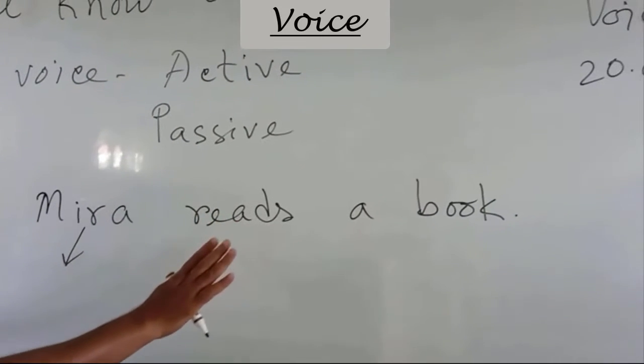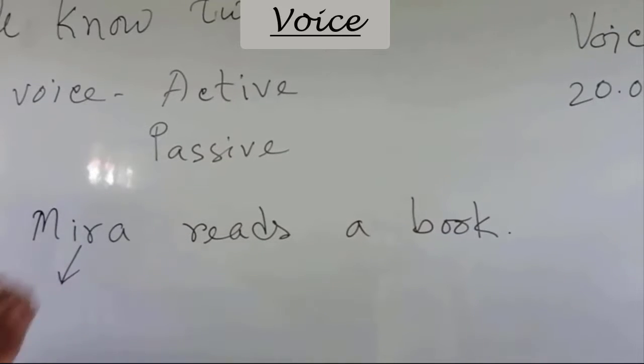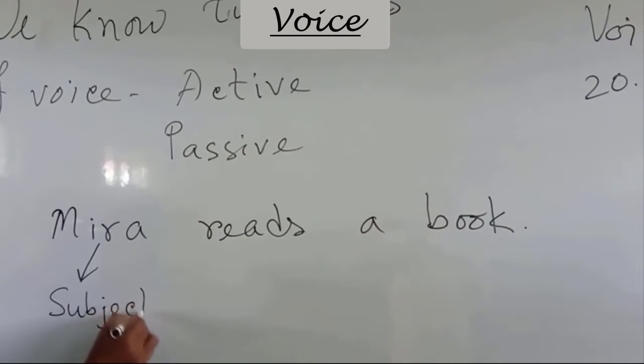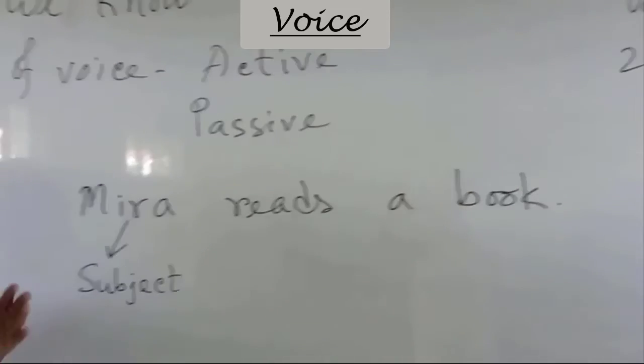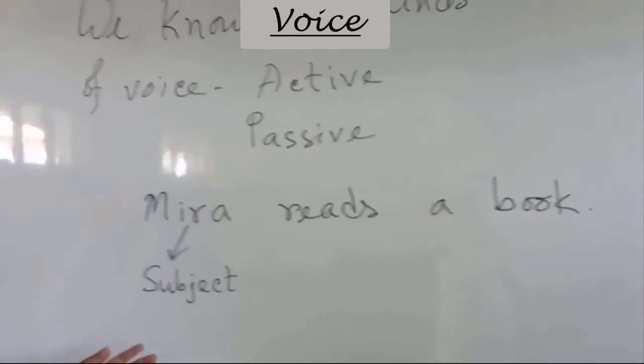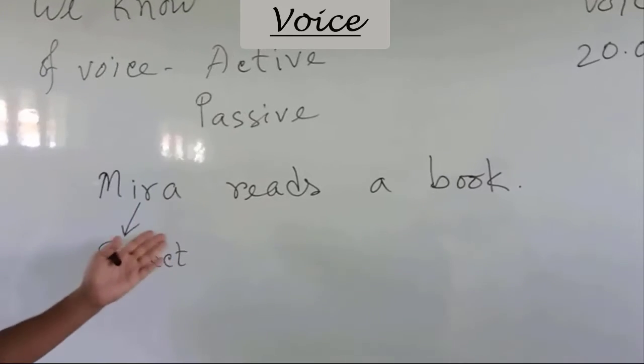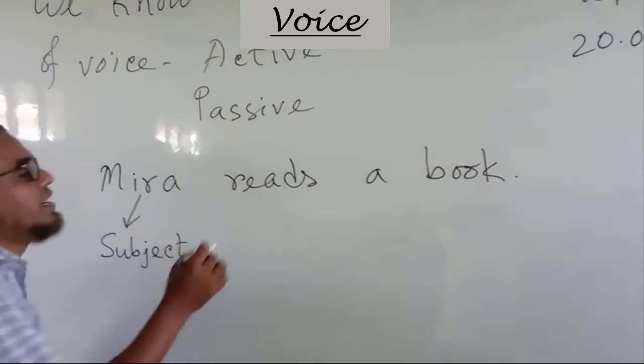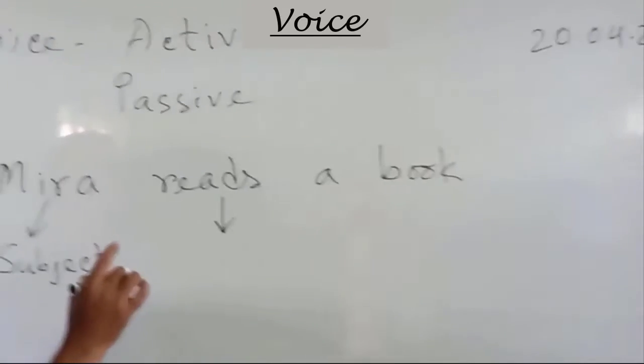She reads a book. Mira is the subject who is doing the work, and we call it the subject. Here, Mira is doing the work. That is, Mira reads a book. Mira is the subject.